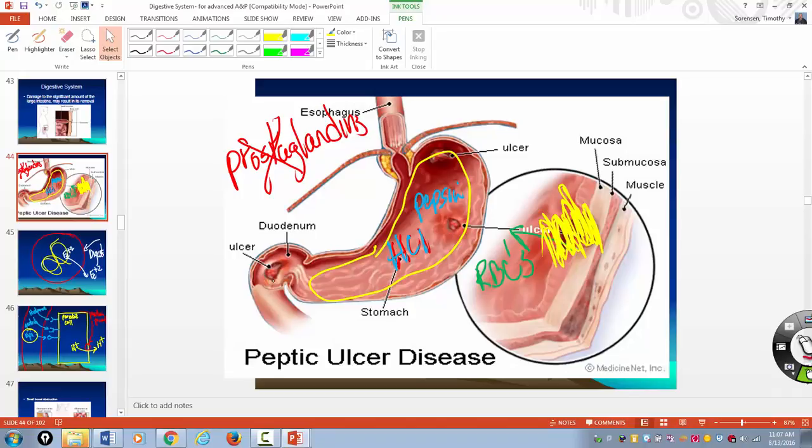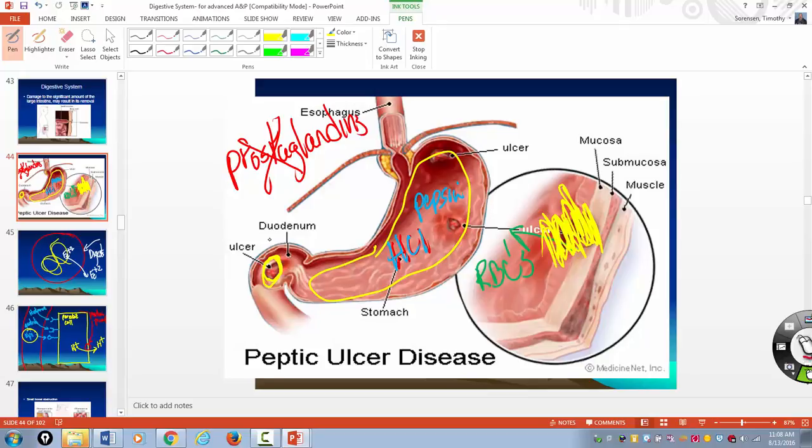Now, just one more thing. The most common place to develop ulcers is in the duodenum, duodenal ulcers. And the reason for that is the duodenum doesn't have that good protective mucus lining like the stomach does.